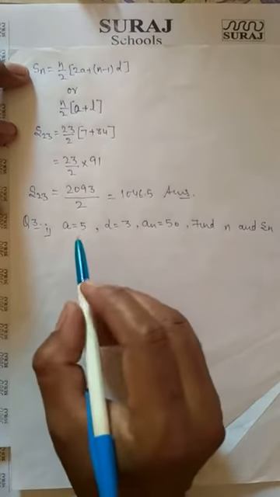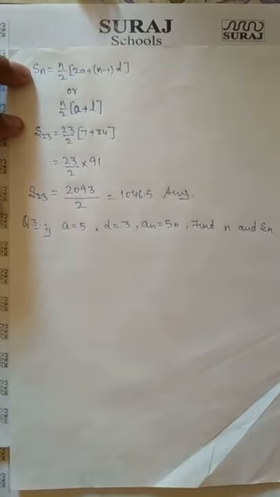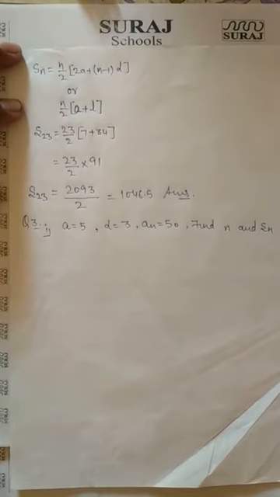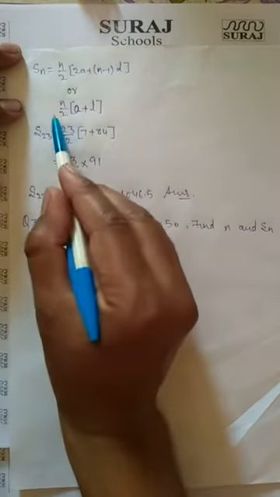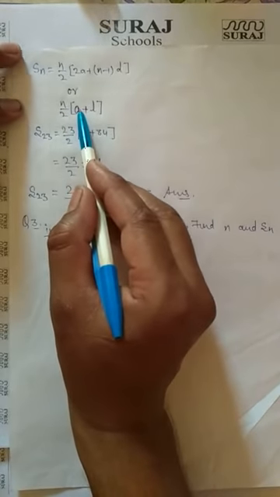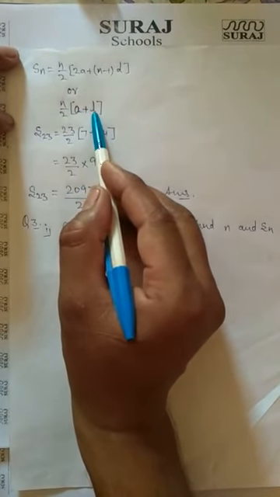Okay, look, beta. First of all I am clear that here in the an formula we have 4 elements: a, d, n, an. And in the Sn formula also there are 4 terms, 4 elements: Sn, n, a and d. And in the second part of the Sn formula, that is n upon 2 into a plus l, here are also 4 terms.